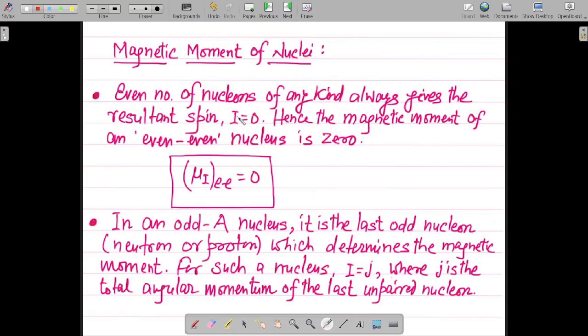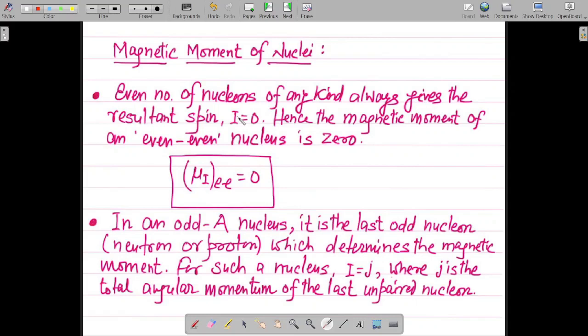As the nucleons get paired up, it gives you resultant spin equal to 0. We have already learnt that in such cases the parity is even, that is plus 1 or positive, and the resultant spin I is equal to 0.